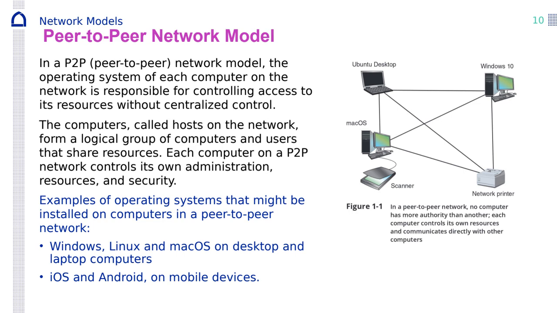Or on your mobile, you can have iOS or Android. It is a client, right? Here you see this computer is sharing the scanner with other computers. Here we cannot tell who is the server and who is the client. Everybody is similar.